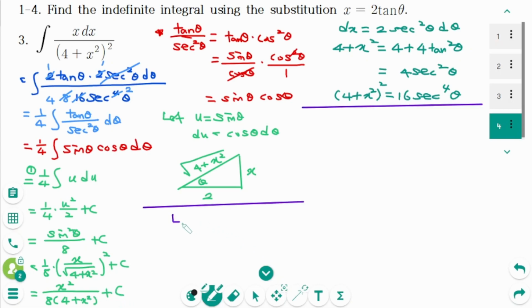The second, let u equal cosine theta, then differentiate each side. du equals minus sine theta d theta. That means minus du equals sine theta d theta.